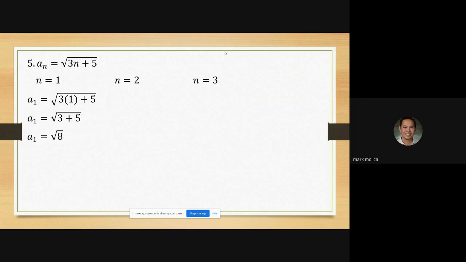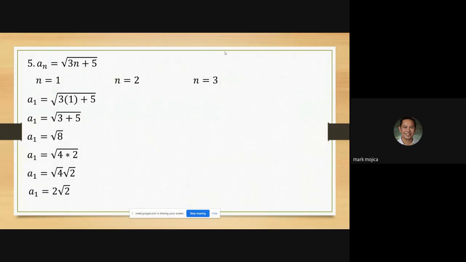That is 4 times 2. So we can separate them. We set aside square root of 2, and also square root of 4. So this is square root of 4 times square root of 2. But square root of 4 is equal to 2, while square root of 2 is still square root of 2. So our answer for the first term is 2 square root of 2.